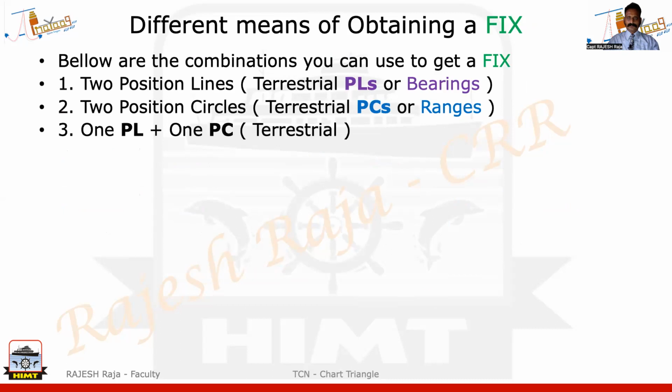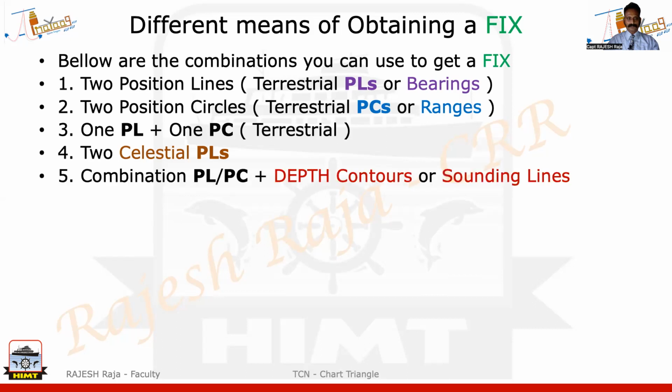Now, instead of these two, I can have one PL and a PC also. I can go ahead and get a fix using two celestial PLs. So I'm using either the sun, moon, or star, taking a sight, and I can get celestial PLs also, two PLs.